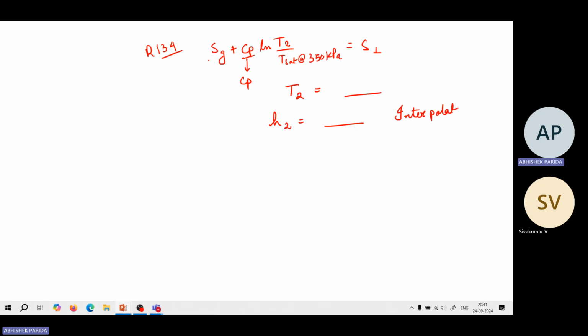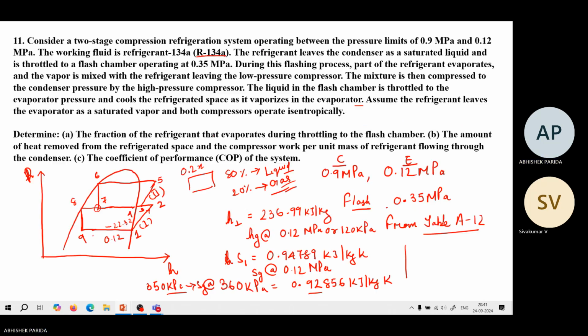This is a long question. I think you will take at least 15-20 minutes, half an hour to solve this question. Give it a try. Your basics will be even better. So once H2 is done, we can now start finding the first part, the fraction of the refrigerant that evaporates during the throttling.